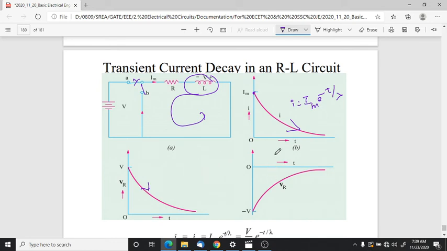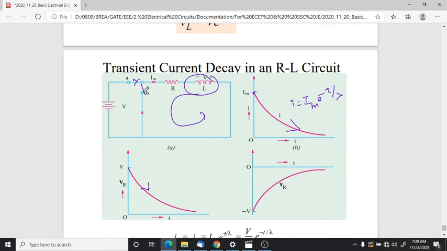So what about the inductance voltage? Earlier, when it was connected to the source, it finally came to zero, no? Now from that zero, it slowly increases to a negative value.